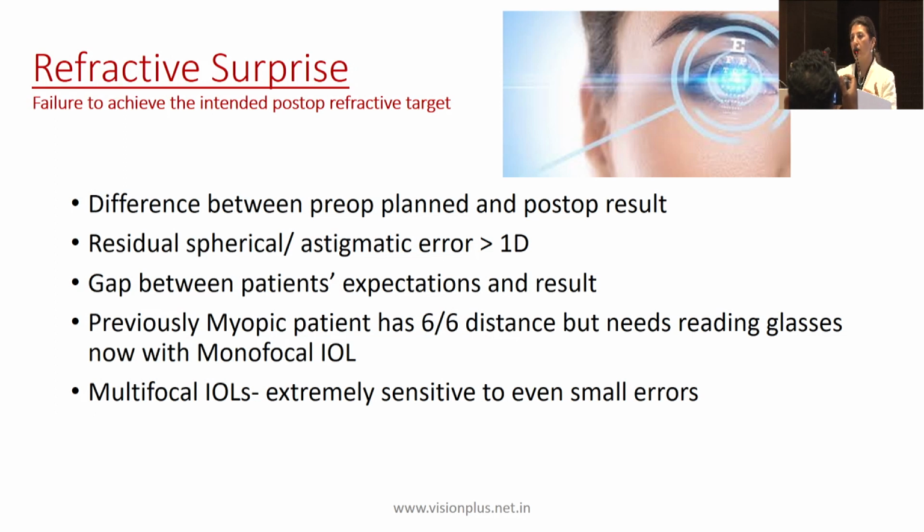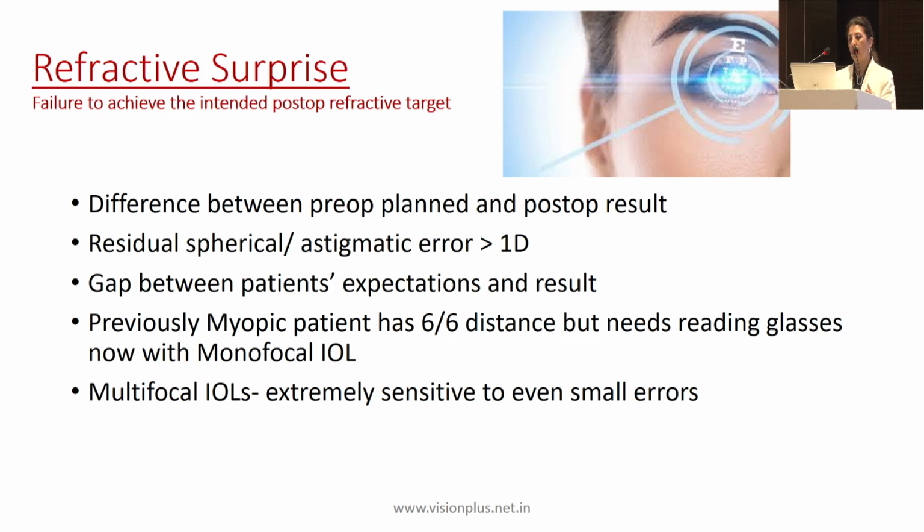When you're counseling and discussing with the patient, you decide on a target: do you want to leave them emmetropic, or do you want to have a little bit of myopia? So you are discussing that with the patient. If there's any difference between what we have pre-op planned and the post-op result, and the error is, say, more than 1 diopter, we'd call it a refractive surprise.